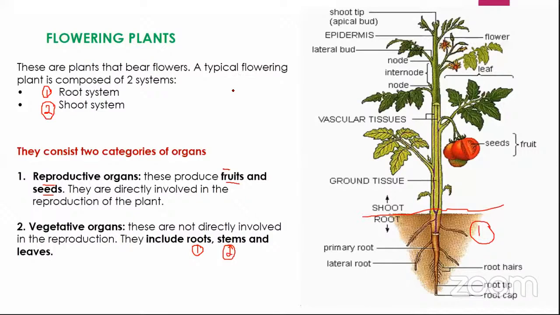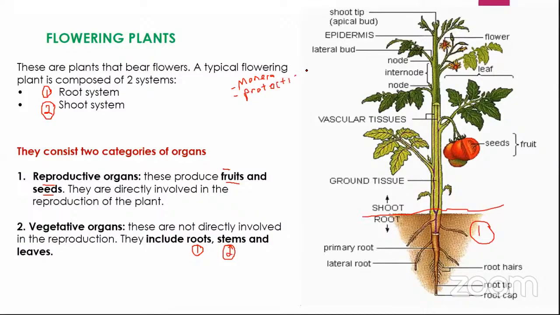Now, under classification, we study 5 kingdoms. Kingdom 1, that is Kingdom Monera, and then you study also Kingdom Protoctista.